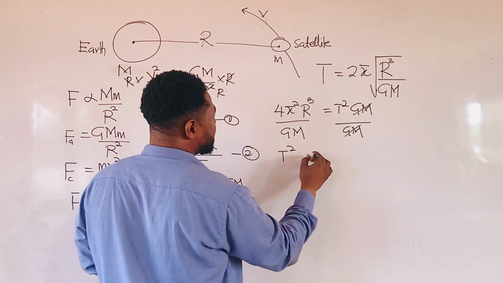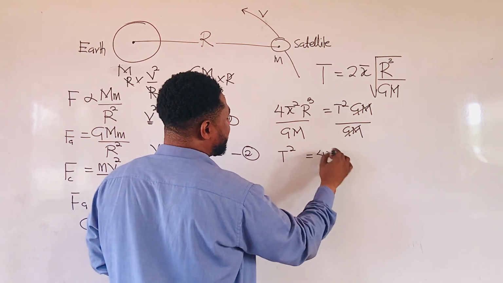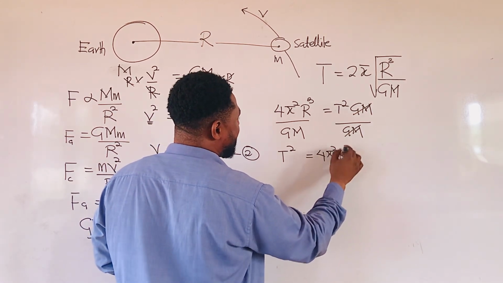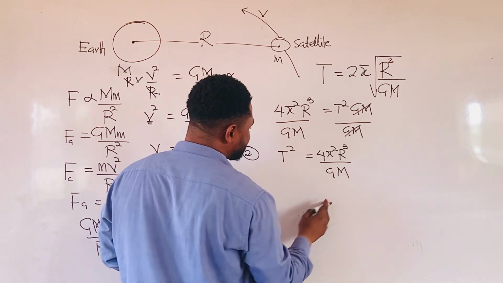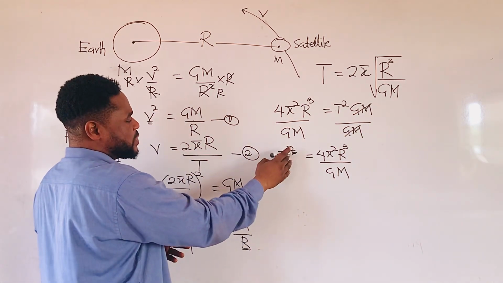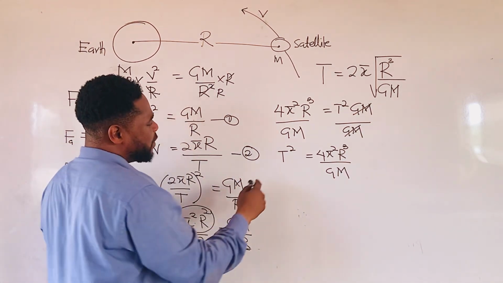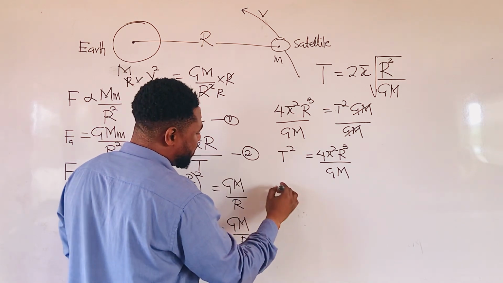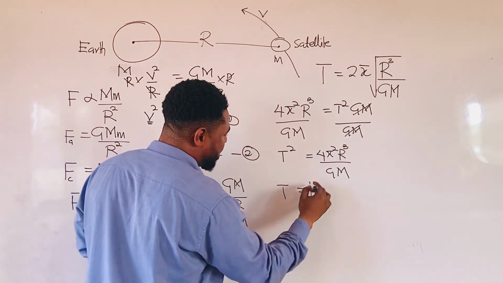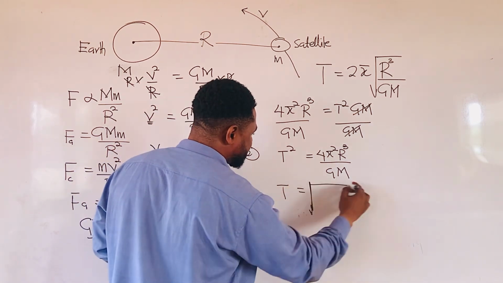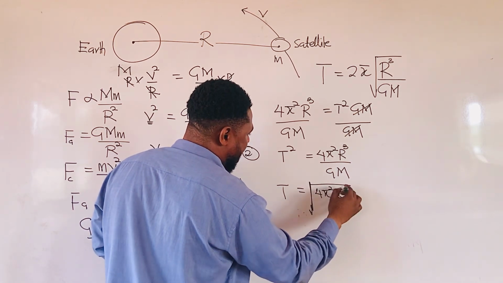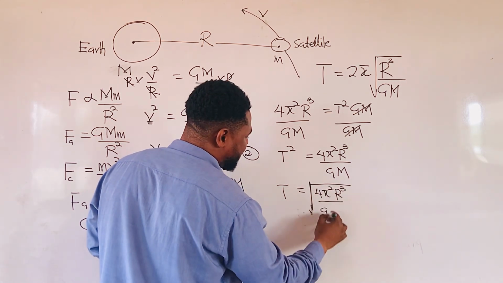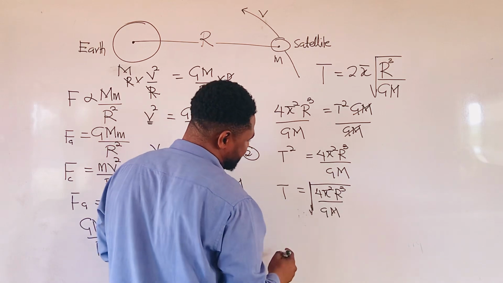Our T squared will be equal to 4 pi squared R cubed, all divided by GM. Now we are looking for T, so we find the square root of both sides. So our T will be equal to the square root, viewers, of 4 pi squared R cubed, all divided by GM.